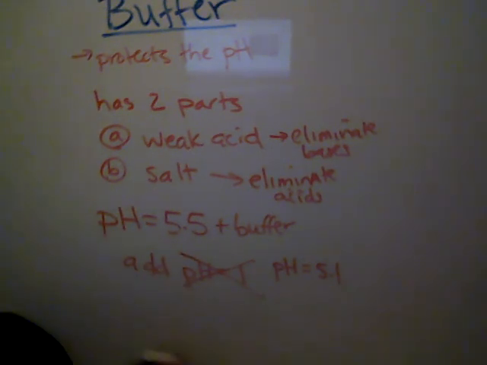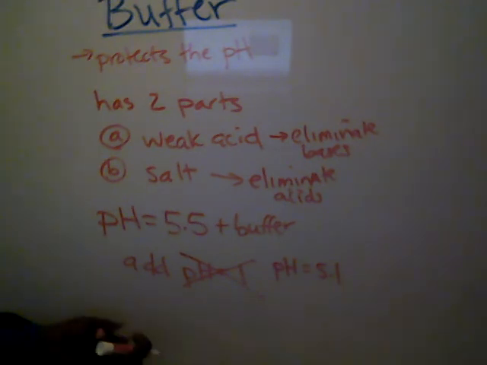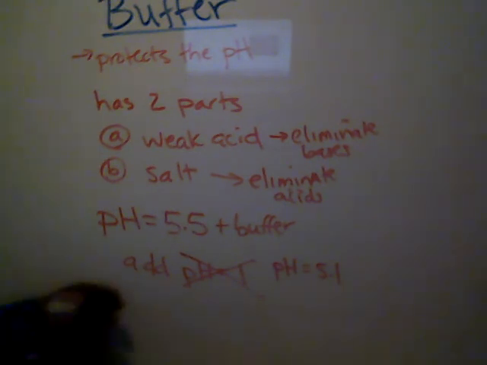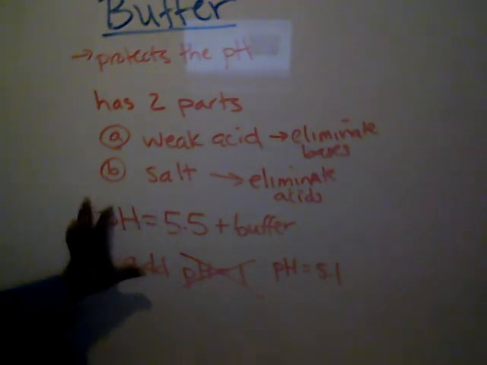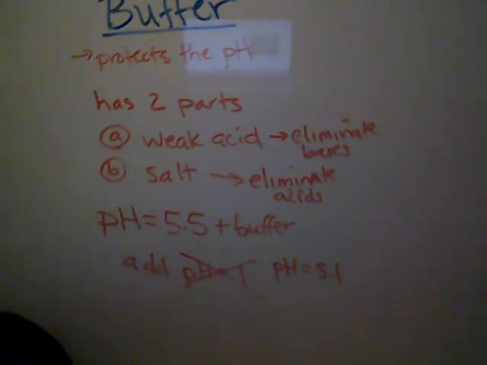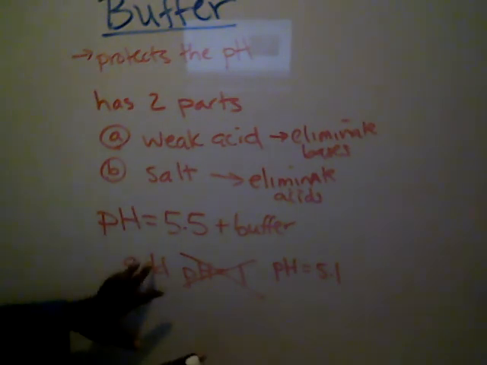Just like if we protect our car with wax, you still may get little dings and scratches, but it may not be as severe as it would be without that protective layer of wax. Now, one thing to keep in mind: buffers are not 100% foolproof.